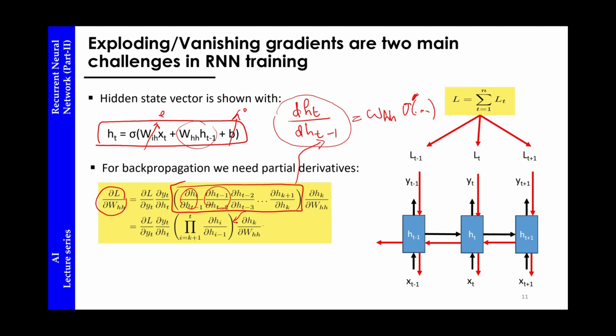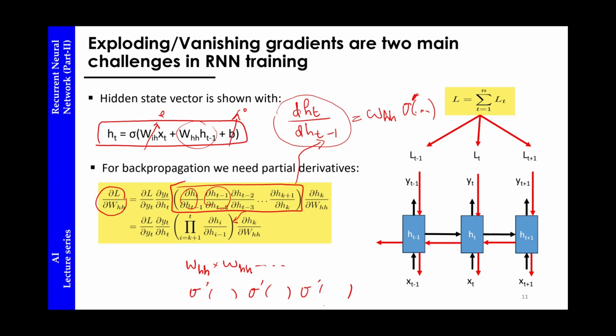If we do so, finally we will have one recurrent weight matrix, which is multiplied by itself several times, and activation functions that will also be multiplied by themselves multiple times.